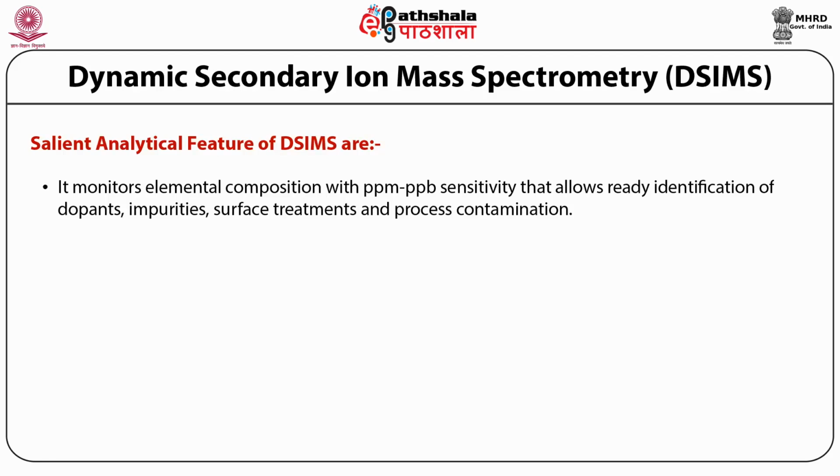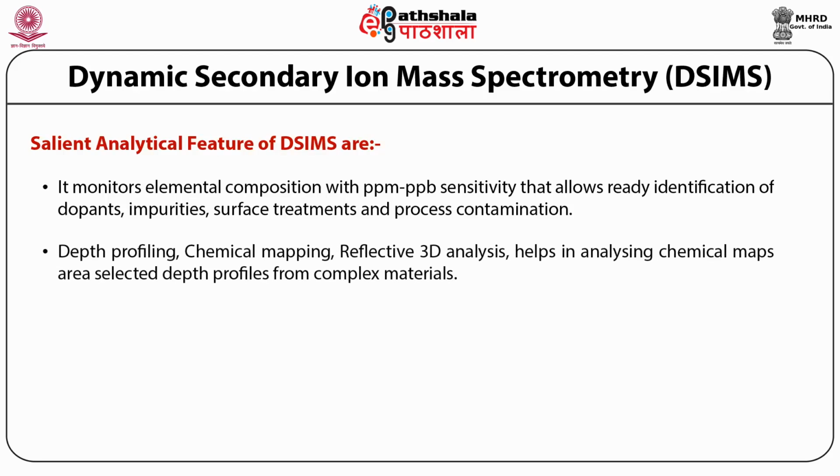Then we go over to depth profiling, chemical mapping, reflective 3D analysis, etc. The depth profiling helps us in analyzing chemical maps, area, and selected depth profiles from complex materials. The selected map area provides the various kinds of species on the surface, which can be found out with the help of depth profiles of the material.